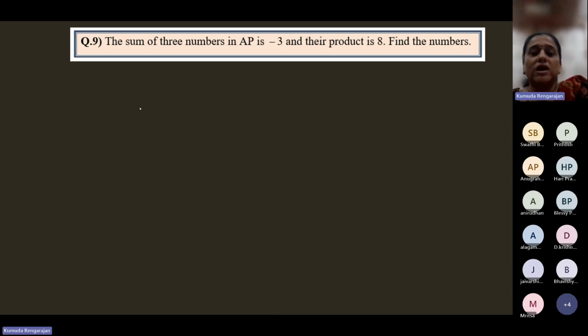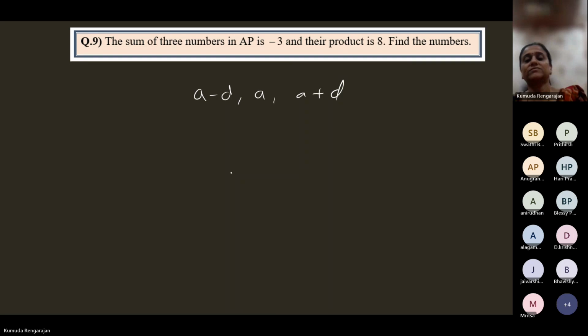When you have to assume 3 numbers in AP, it's convenient to let the numbers be A minus D, A, and A plus D.